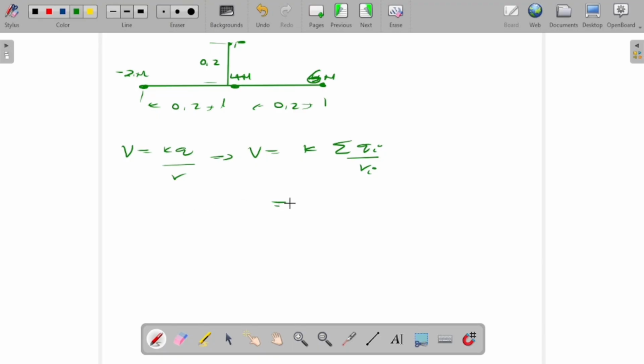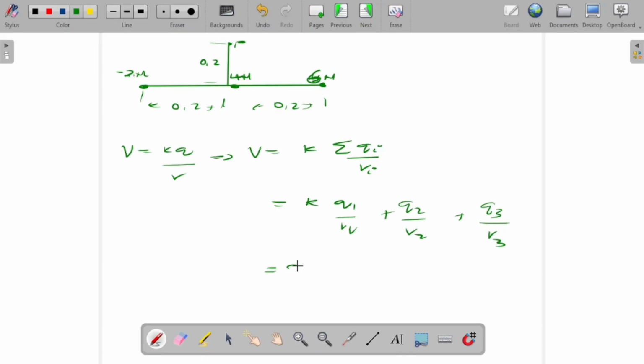So our formula then becomes K of Q1, Q2, and then Q3, which would be over R1, Q2 over R2 plus Q3 over R3.